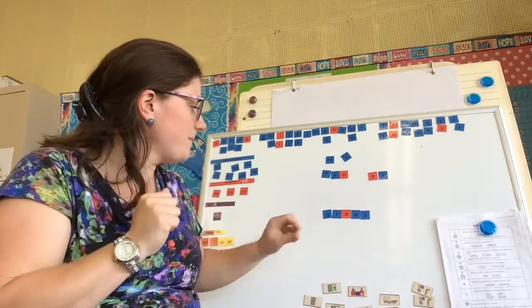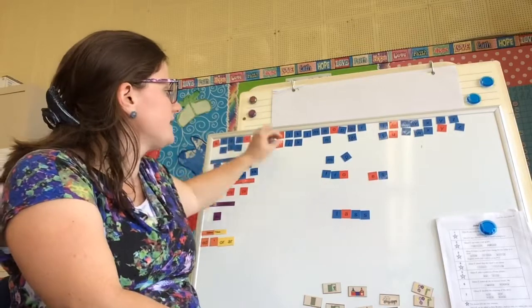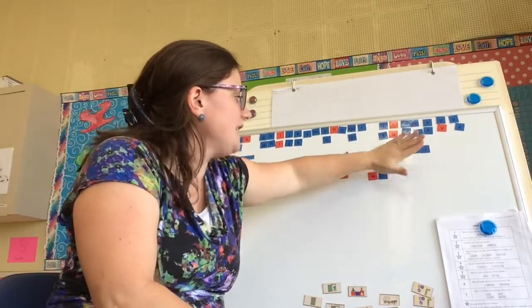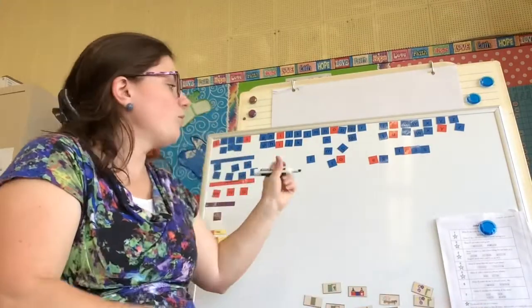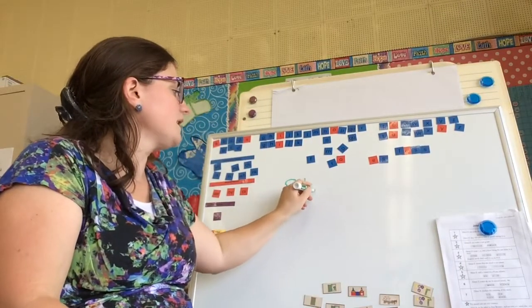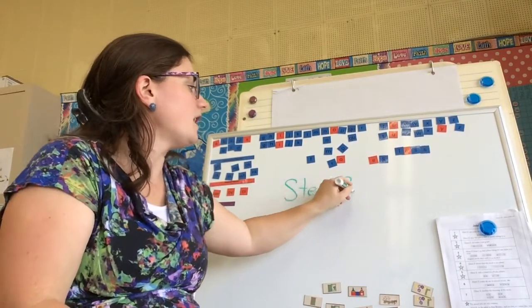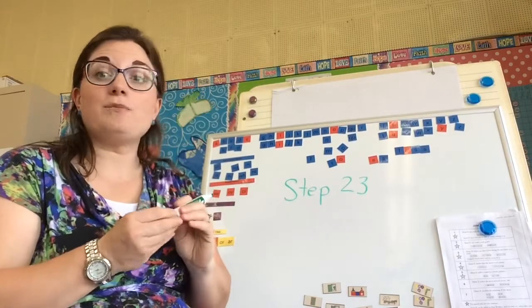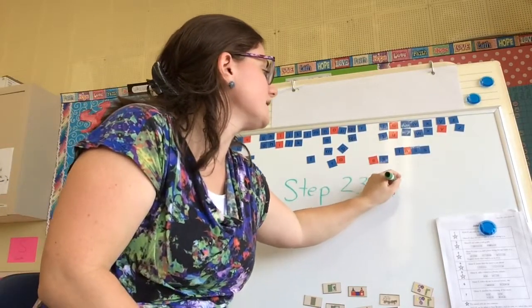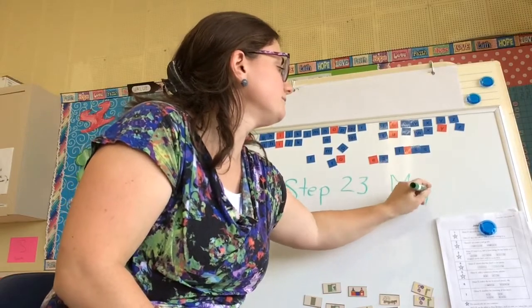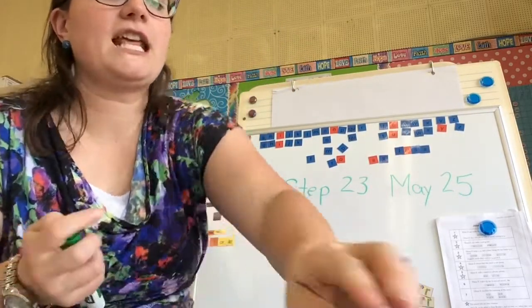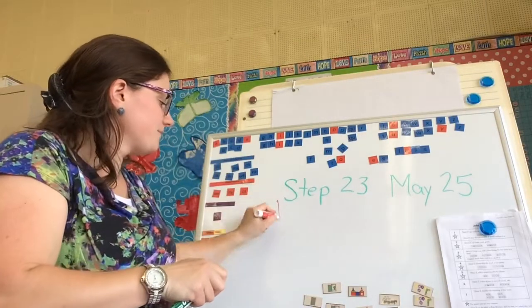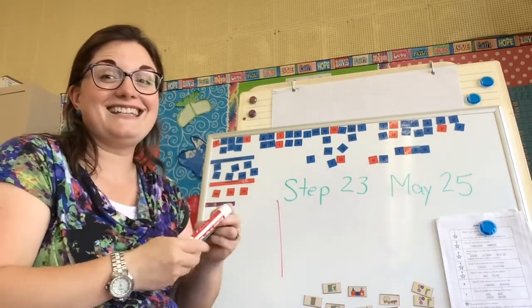So I want you to open up your spelling books to the next page, please. Okay, so the next blank page, and we're going to write step 23 at the top of our page, and we're going to put our date today, which is May 25th. Okay, and then we're going to have our red margin line, right? And we're going to put our numbers on the left side.